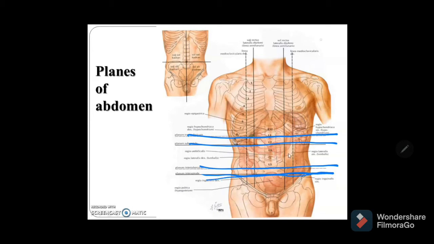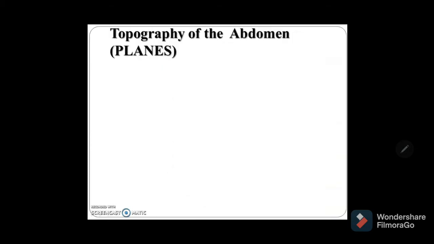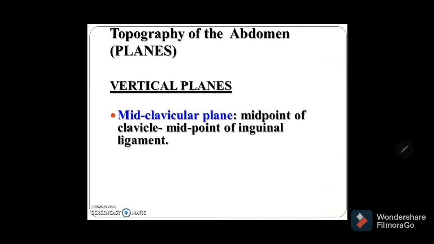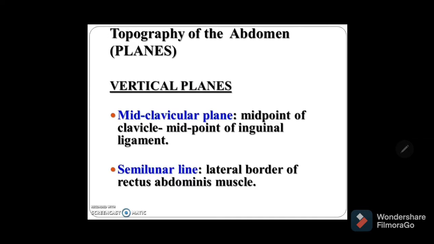So we consider only 2 horizontal planes, that is transpyloric and transtubercular, and 2 vertical planes. These are the midclavicular planes passing from the midpoint of the clavicle to the midpoint of the inguinal ligament, and one more is the semilunar line along the lateral border of the rectus abdominis muscle, that we will discuss.